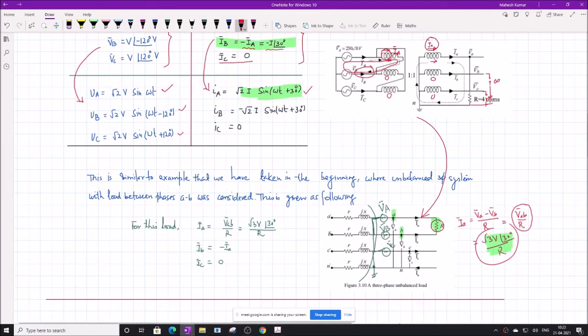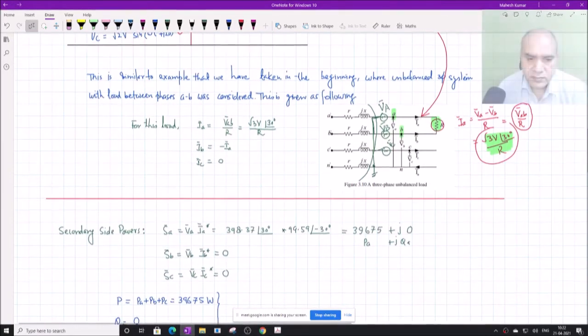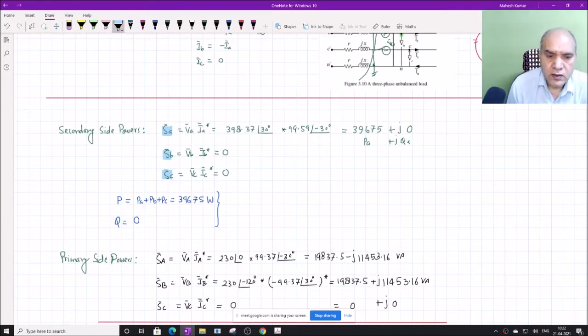For example, here if we find out the secondary side powers, we will use small letters for the secondary side. So this is Sa, Sb and Sc. Okay, so Sa, a complex apparent power, is the product of Va into Ia conjugate.